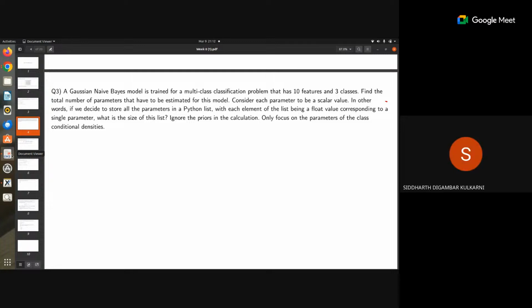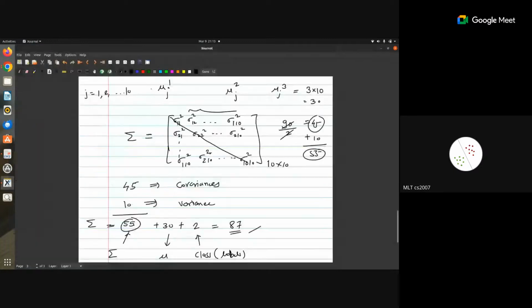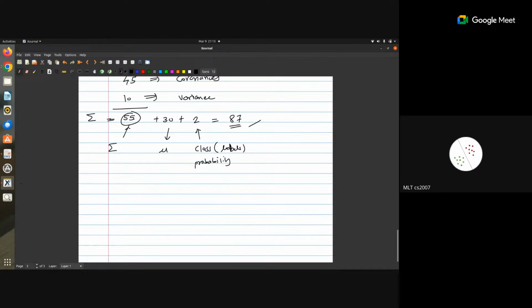But does it mean that we don't have to include the initial two parameters? No, that is a different thing, right? What is the prior thing? If you remember from stats 2, the posterior density will depend on your likelihood into the prior density, right?